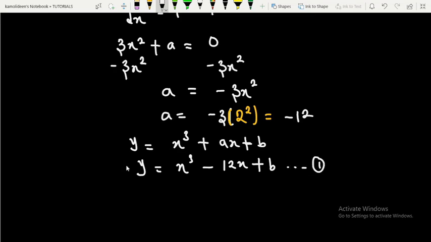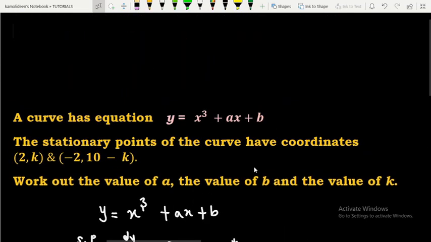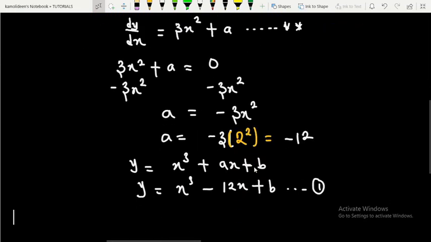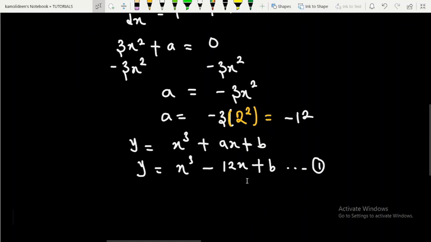Now we are going to substitute the two coordinates into equation 1. So for the first coordinate (2, k), that means we replace x with 2, y with k in equation 1.